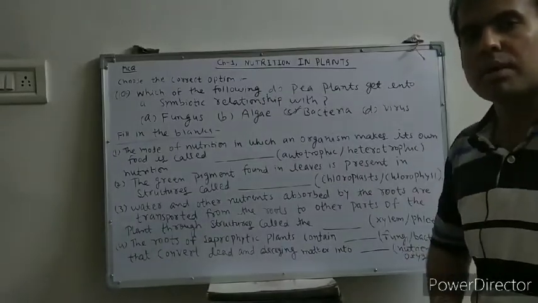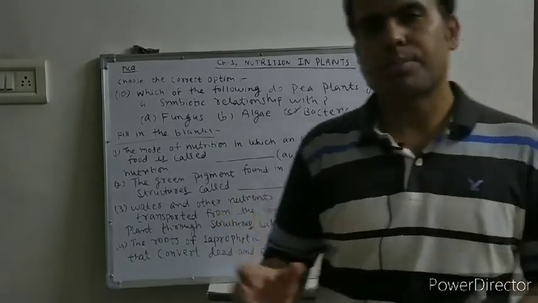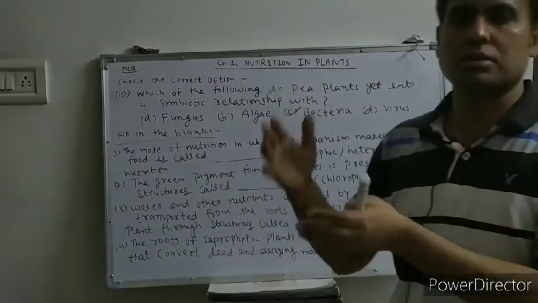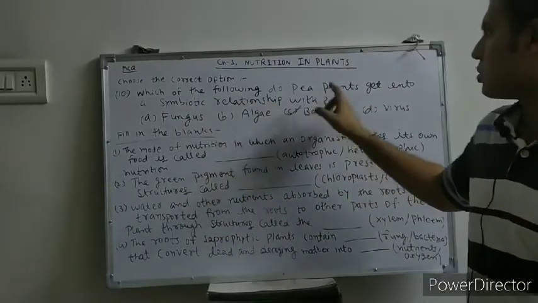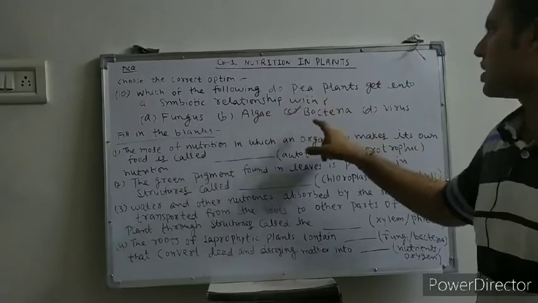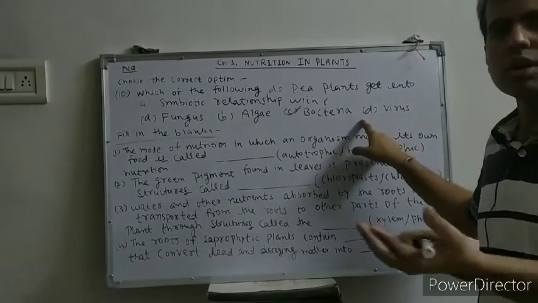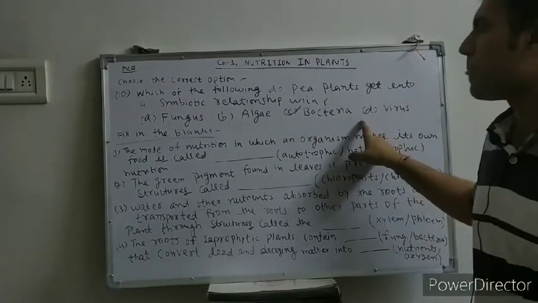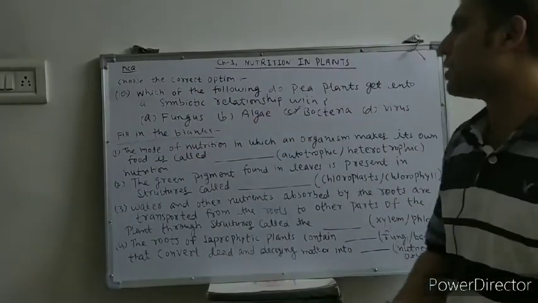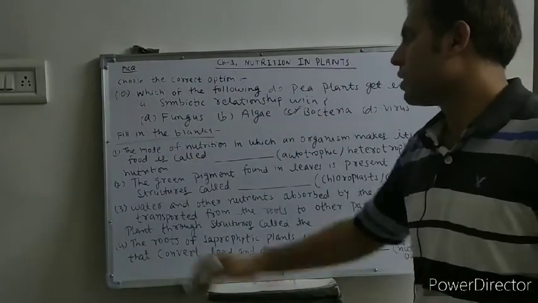In a symbiotic relationship, a plant is associated with another organism. Here the pea plant is associated with bacteria for gaining nutrients.